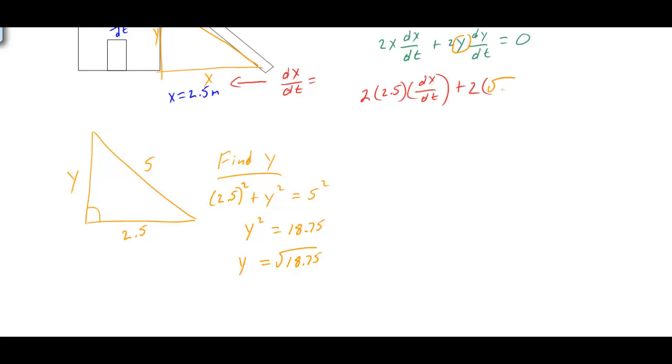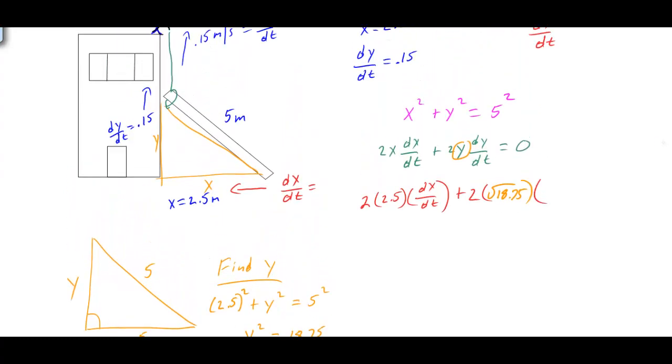And of course we're looking at the positive value, so we can plug this in for our y value. We would have the square root of 18.75, and then we're going to multiply that by dy/dt, which is 0.15. So now at this point all we have left to do is to solve the equation for dx/dt.